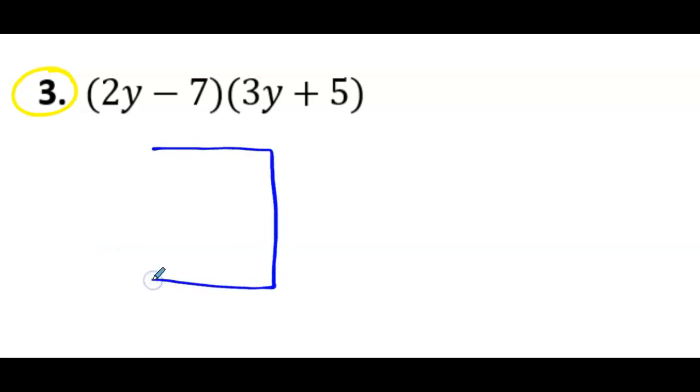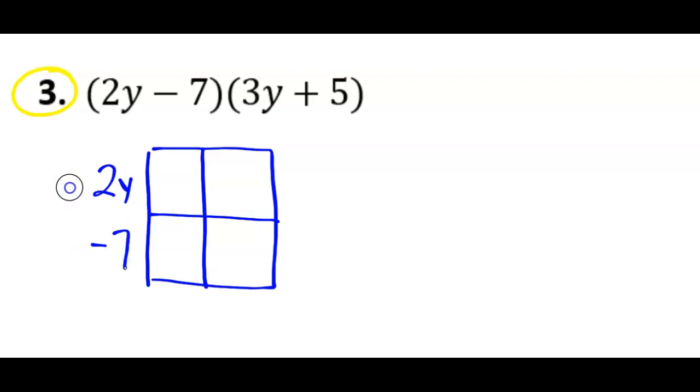If you like double distribute, you can do it that way, but I want to show you the box method in this one. 2y minus 7, because I want to show you what happens when we have numbers in front of both of these. 3y plus 5.